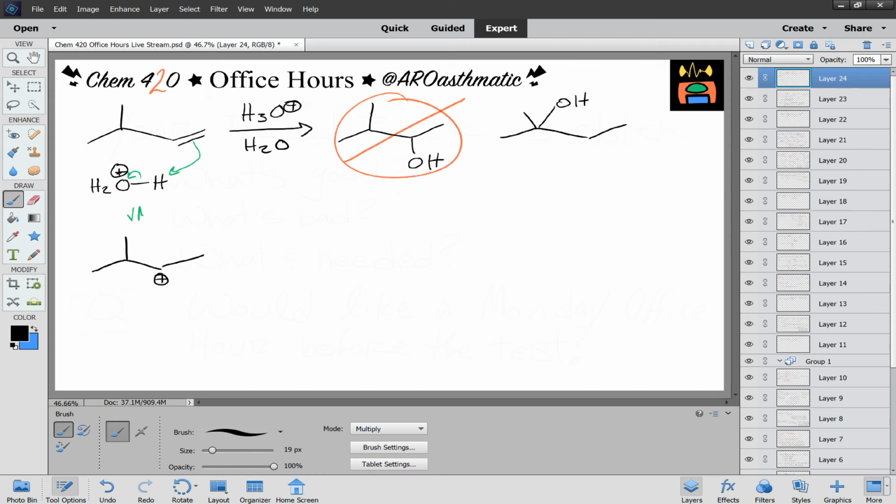But what happens next is you'll notice that we are dealing with a secondary carbocation here, and we're right next to a tertiary carbon center. And so this carbocation will actually rearrange to form a more stable carbocation in its place. All right, so we make a more stable tertiary carbocation here.